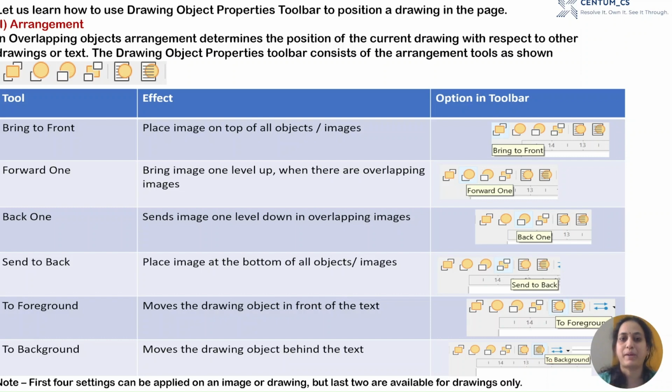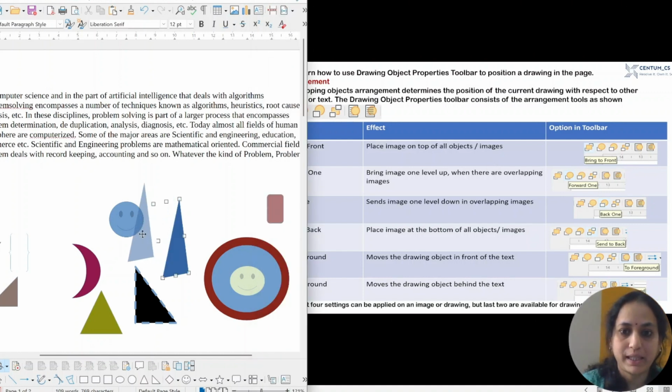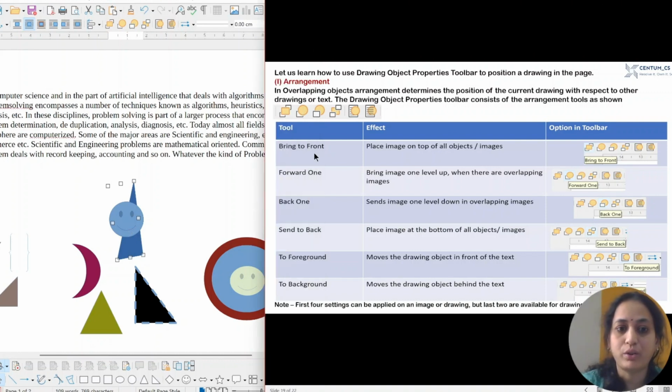Let's see practically. First one, place the image on top of the object or image. So let me place this image on top of the object. Oh, now what is behind? What I have to do is bring to front.